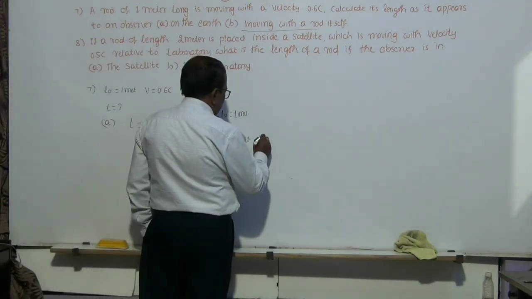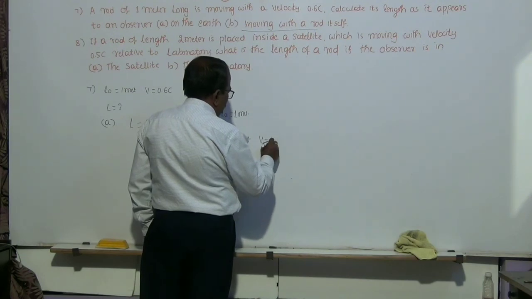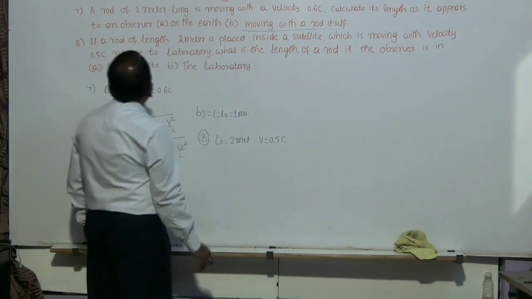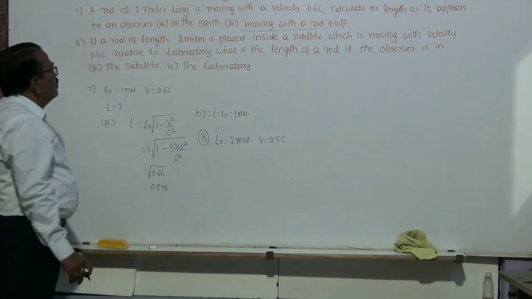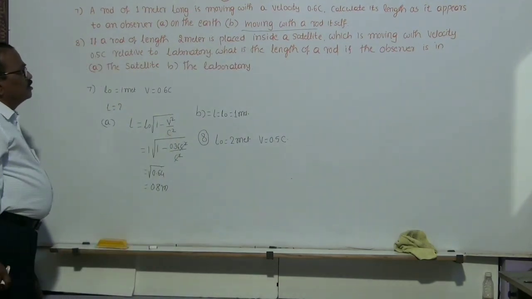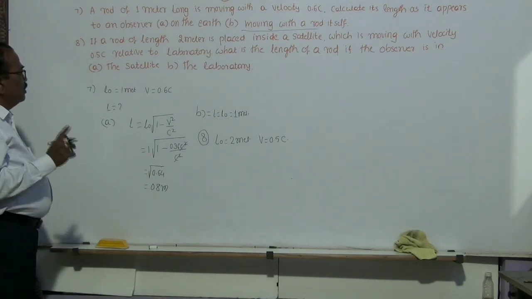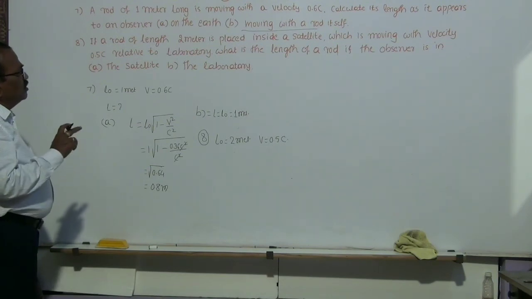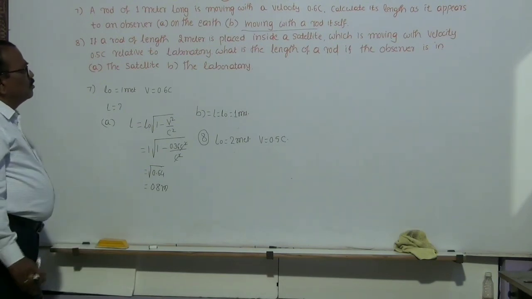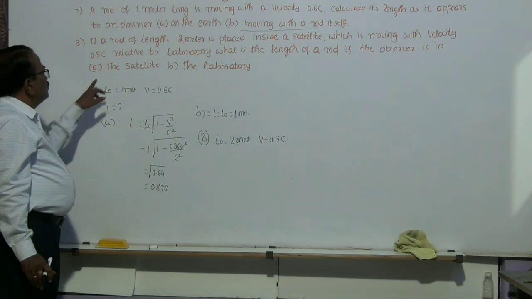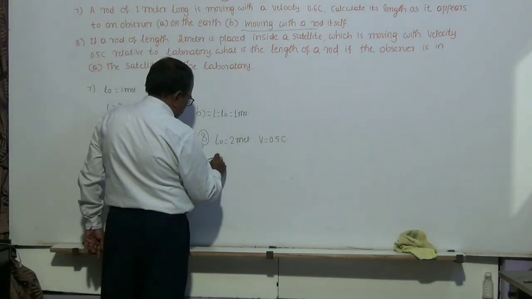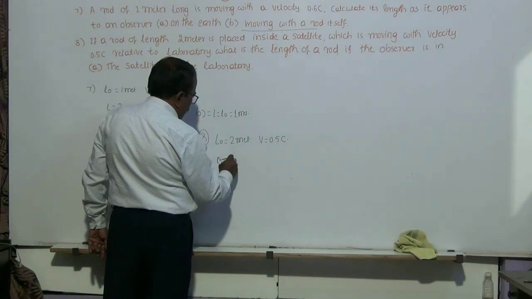That means velocity of the rod is 0.5 c relative to the laboratory. What is the length of the rod if the observer is in the satellite and second one is in the laboratory? So answer for first one is, it is 2 meter only.